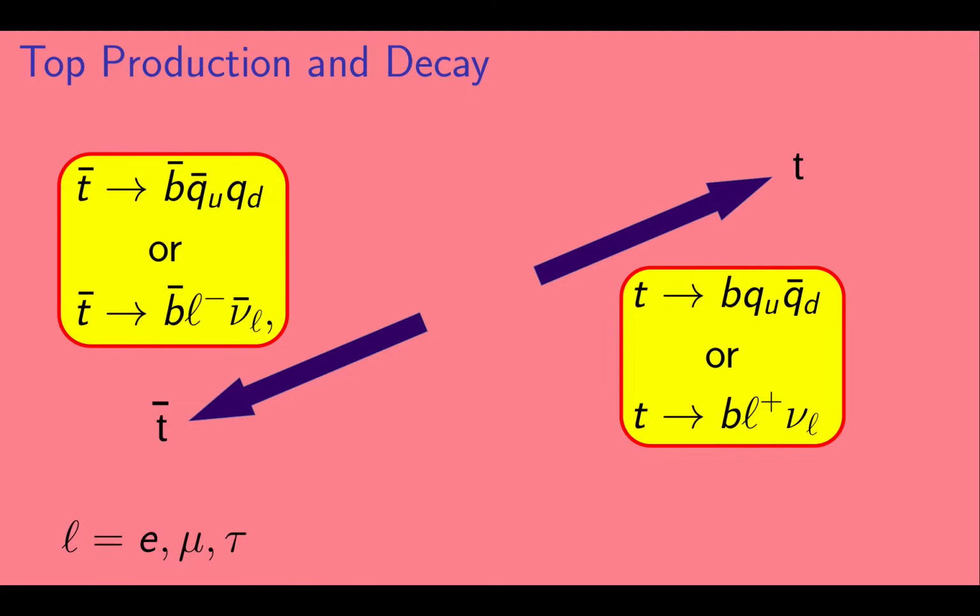Or it can go to a positively charged electron, muon, or tau and its associated neutrino. On the left side, we have an antitop, which goes to a bottom antiquark and a quark-antiquark pair, or a negatively charged lepton and antineutrino.